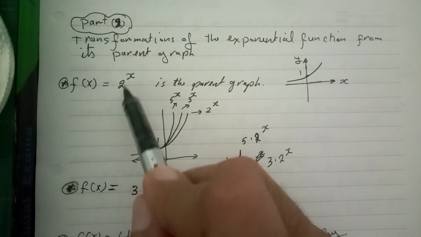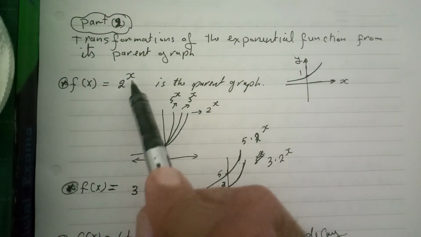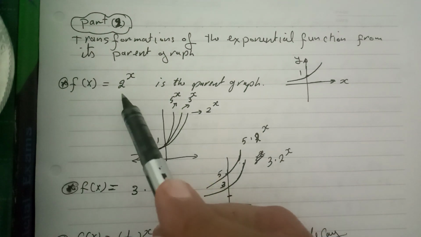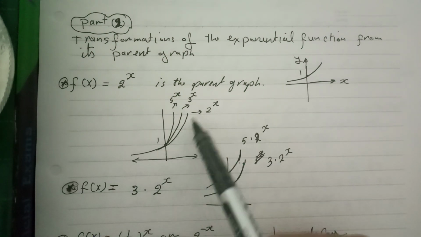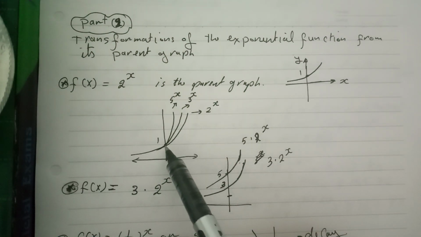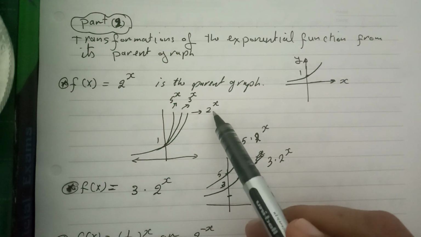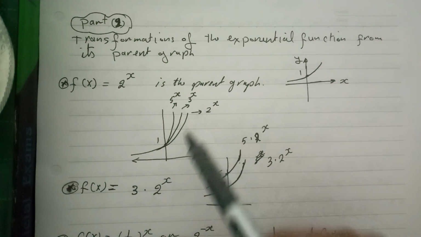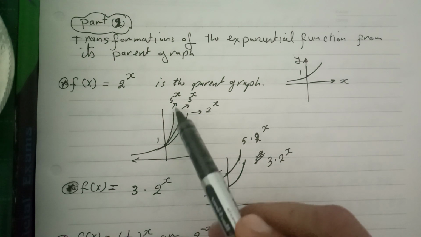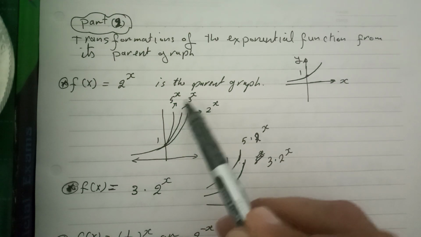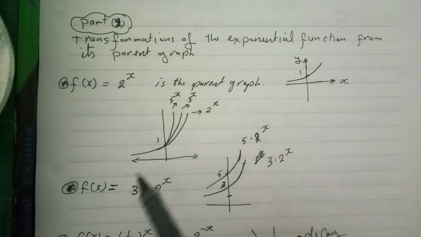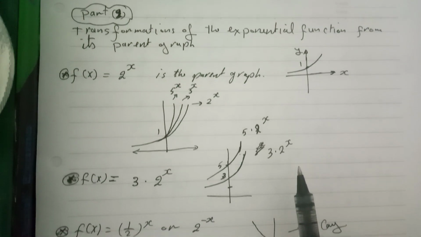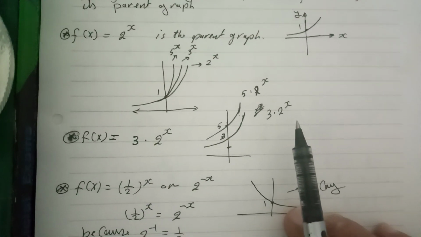The f(x) equals 2 to the power x is the parent graph, or any number to the power x. It is represented by a graph intersecting with the y-axis at 1. If it is 2 to the power x, it will be like this. With 3 to the power x, it goes closer to the y-axis when you increase the base. So this is the parent graph.